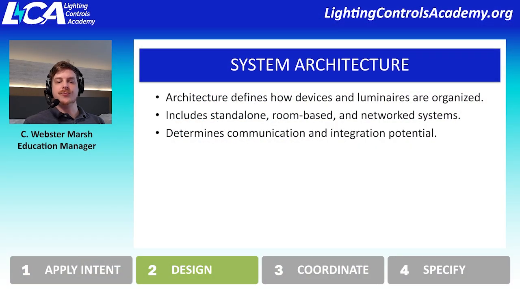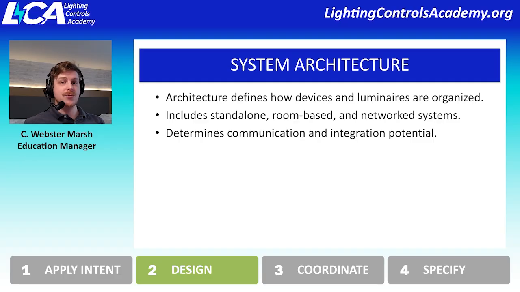The architecture really does control how the system is going to communicate and any integration potential you have with that system. As I explained with the different categories, your communication is going to be limited in a standalone system. Whereas if you have a completely networked system, you have a lot more capability for expansion and communication channels, such as creating integration between the system and other adjacent systems.